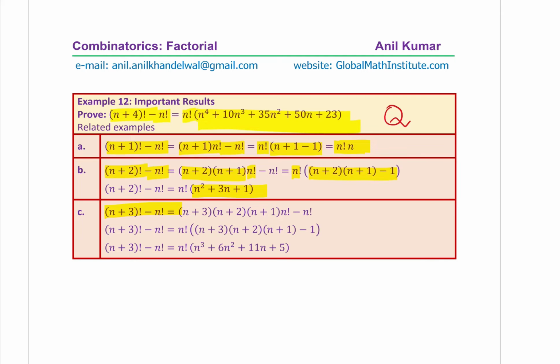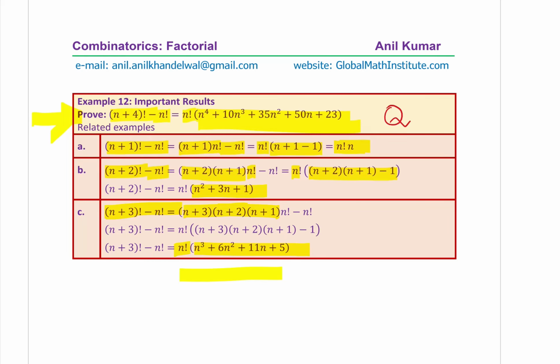Do you see that? In case of a cubic thing, n plus 3, you have three things to multiply now, right? N plus 3 times n plus 2 times n plus 1. Clearly, when you multiply these three factors, n plus 3, n plus 2, n plus 1, you get a cubic polynomial with n factorial. And then if you continue this process, you'll get the solution which is asked for.